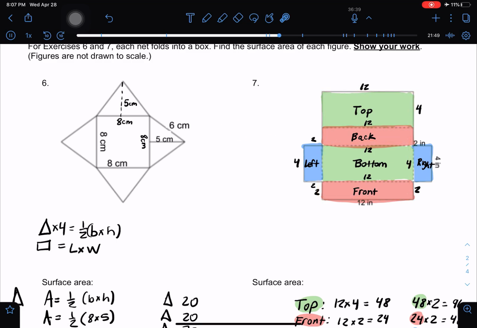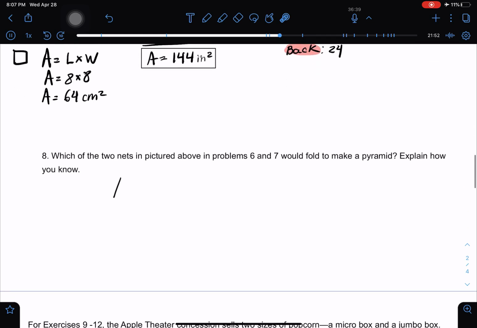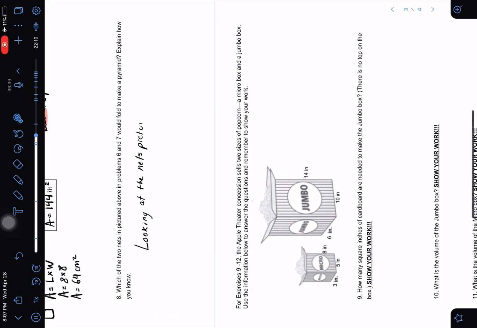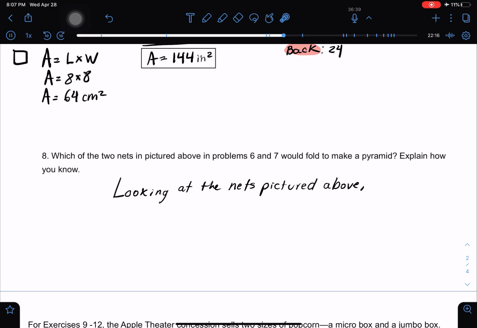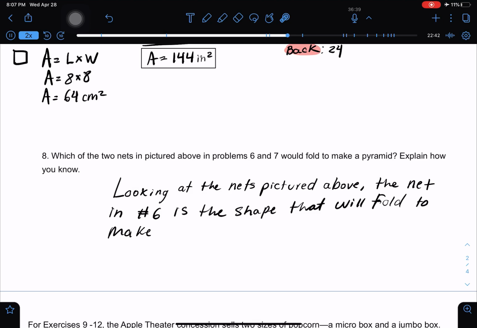So our explanation can be, looking at the nets pictured above, the net in number 6 is the shape that will fold to make a pyramid.